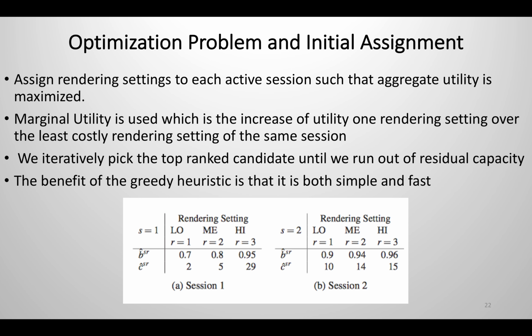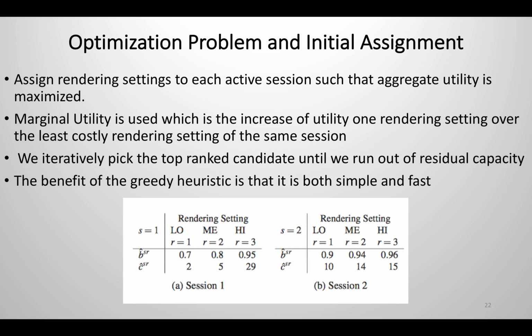Now, optimization problem and initial assignment. Now, assigning rendering settings to each active session so that the aggregate utility is maximized. So the main aim is to maximize the utility. This is one of the optimization problems, and it is a part of the future expected utility optimization.